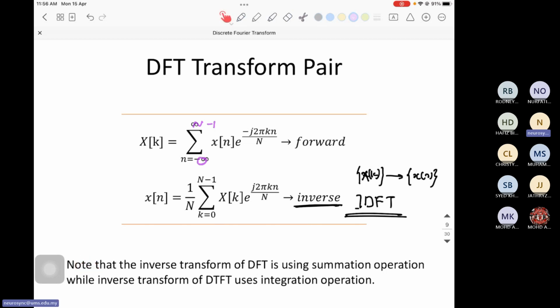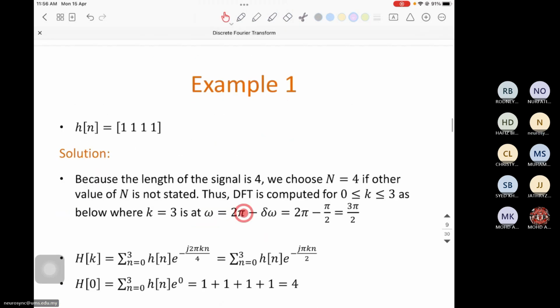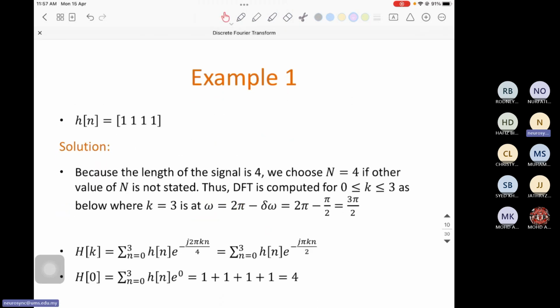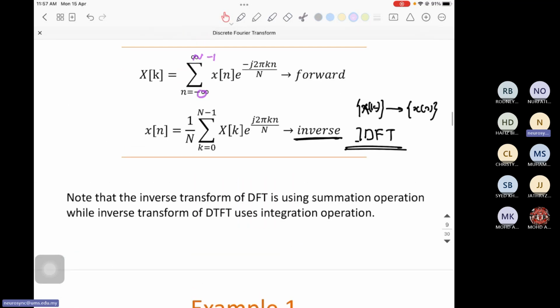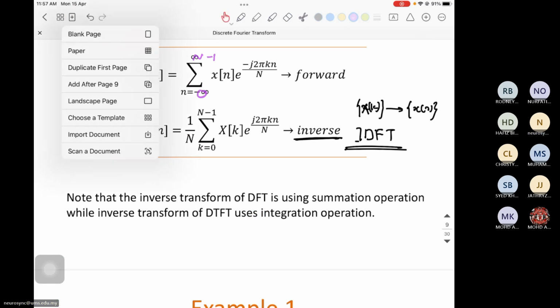This is the note here. One, this is the example here. Now before this, we'll take one simple example.